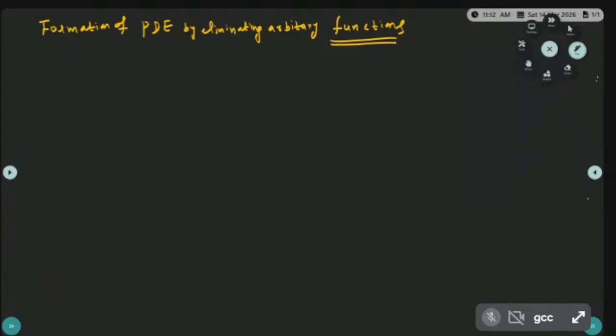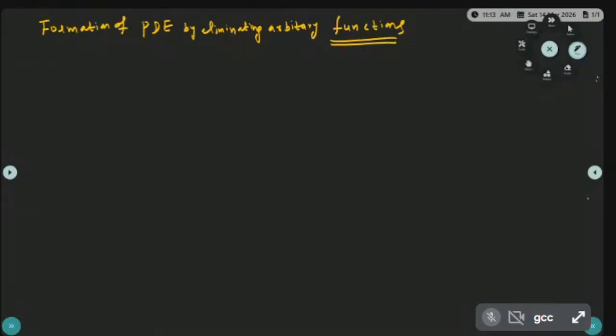Dear students, may I know the difference between the previous concept and the present concept? Both are formations, but where do you find the difference? In the previous concept we eliminated the constants. Now here we eliminate functions. In this concept we eliminate functions. That is why I highlighted.